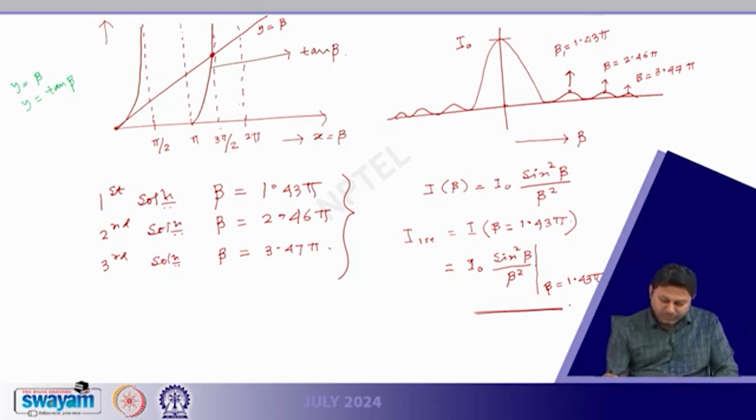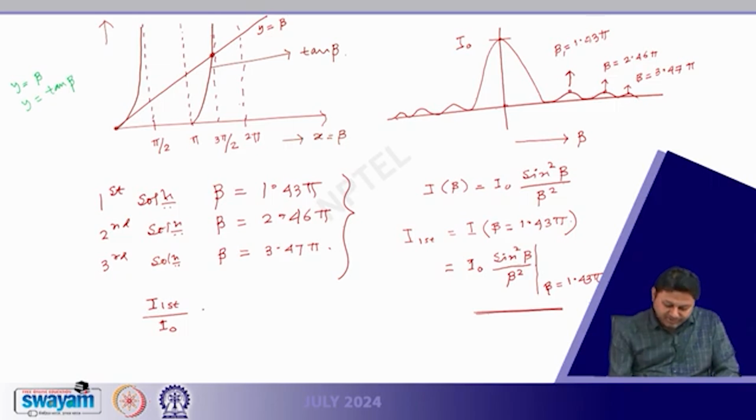Now I want to find out what should be the ratio. So I first divided by I naught, that is the ratio between this intensity and this intensity, just to find out how small the first secondary maximum is compared to the principal maximum intensity-wise.